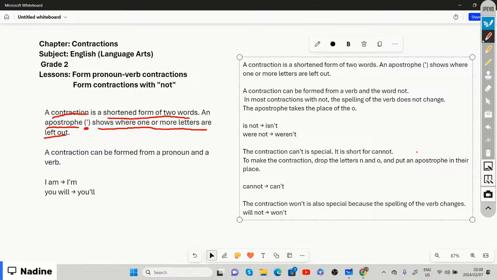And remember, if you leave out more than one letter, you do not put more than one apostrophe. We only put one apostrophe, even if you leave out two or more letters, for example. And we can basically form a contraction from a pronoun as well as from a verb.